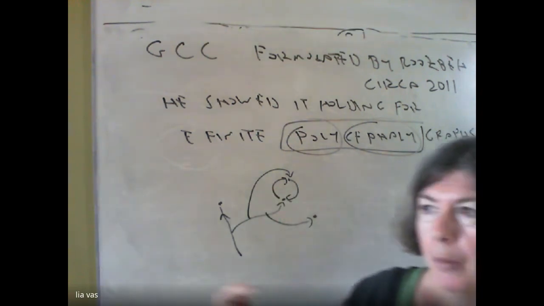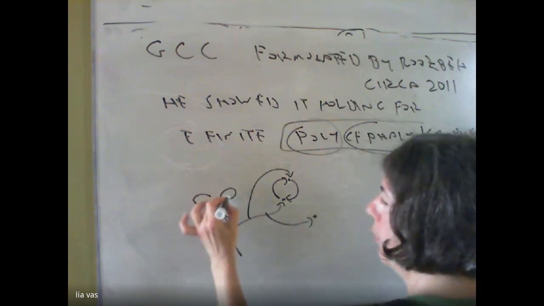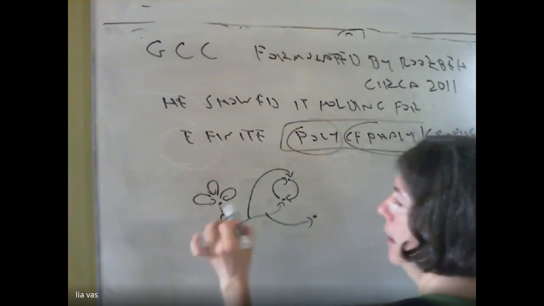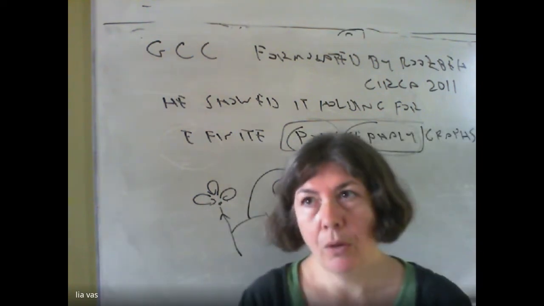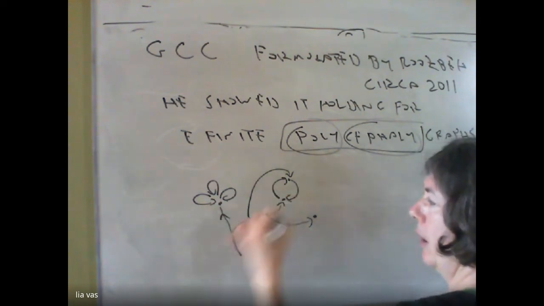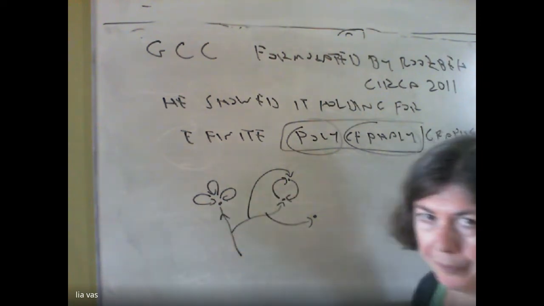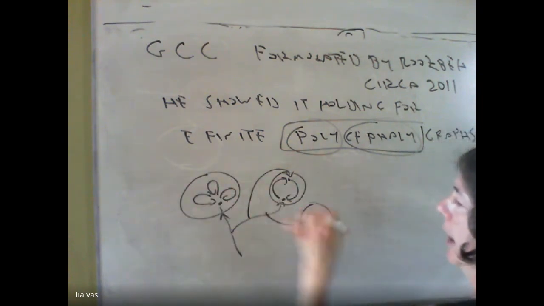But if I have polycephaly, then I can put the roses. Let's do maybe 3 petals. I put the roses on top of a sink. So now every path leads either to a rose, to a cycle without exits, or to a sink. And I think that Roozbeh saw these as kind of heads.